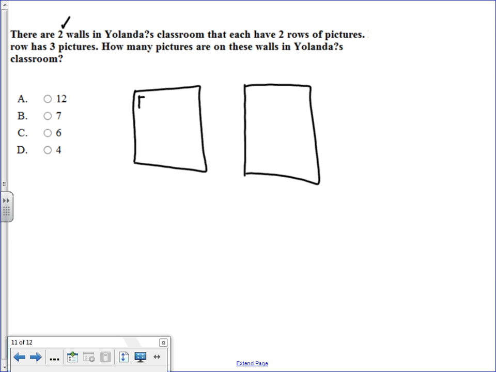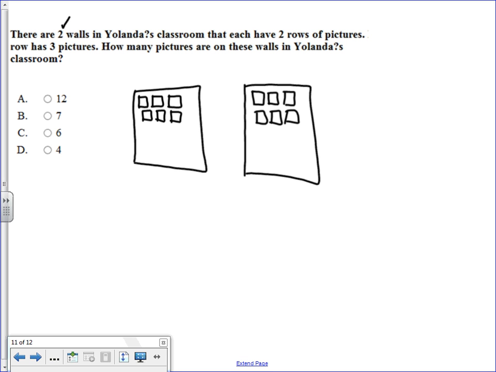So 2 rows of 3 pictures on each wall. Now I know that some of you can look at that and solve it right away. So let's go with the product.